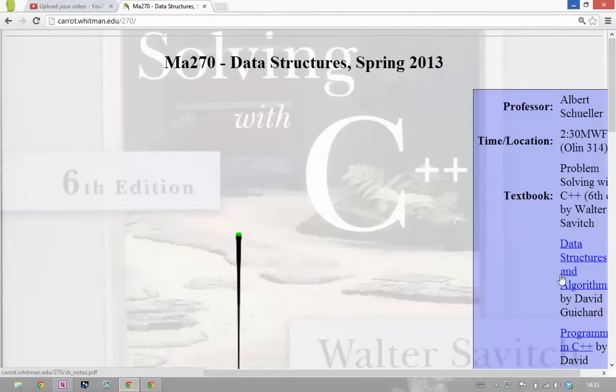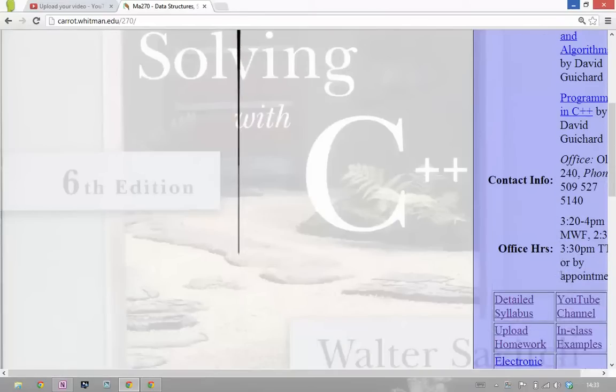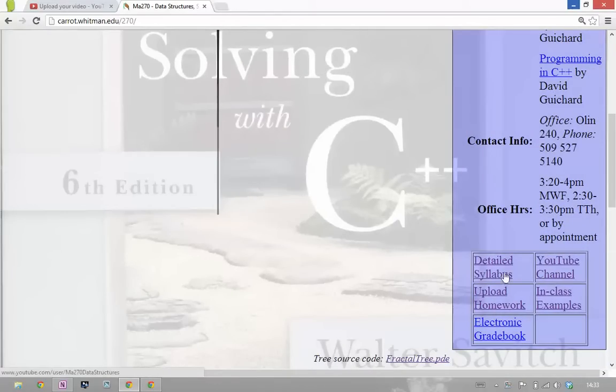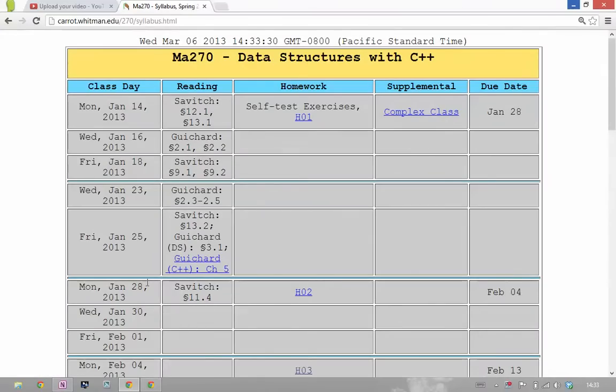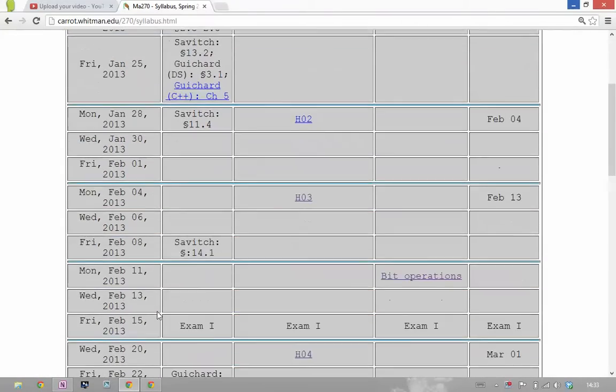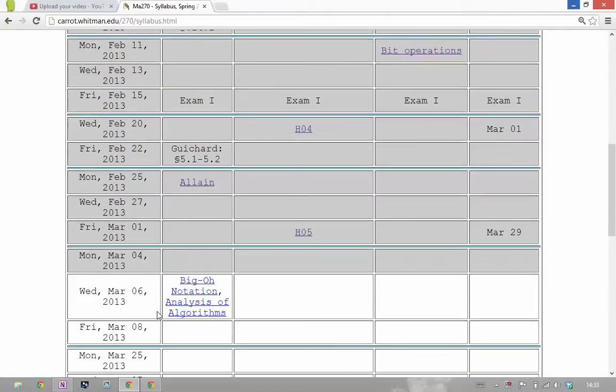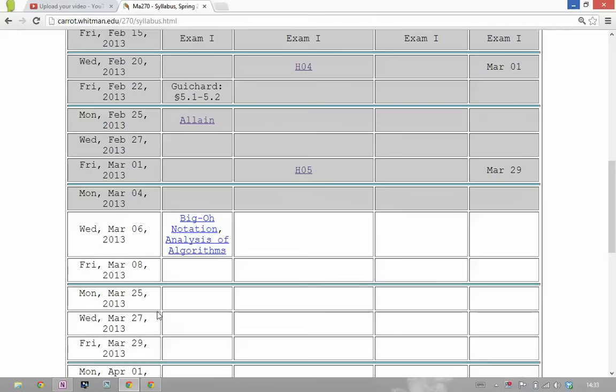I added a couple of readings. We're going to put the math in Ma270 here for a little while, and we're going to start talking about analysis of algorithms. I realize that you guys are working on Huffman right now, but right after this we're going to start talking about sorting.